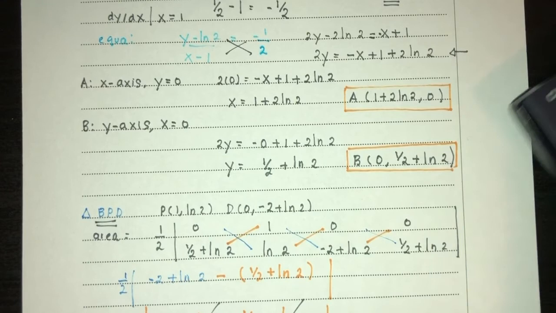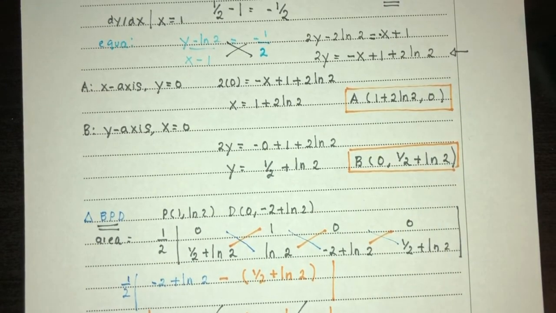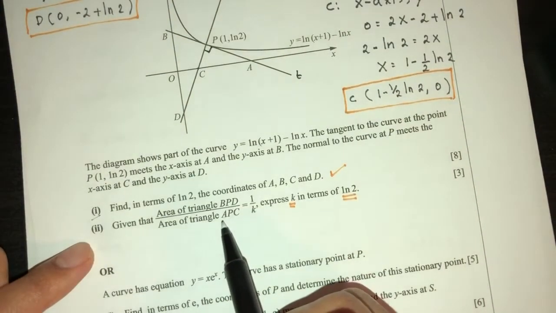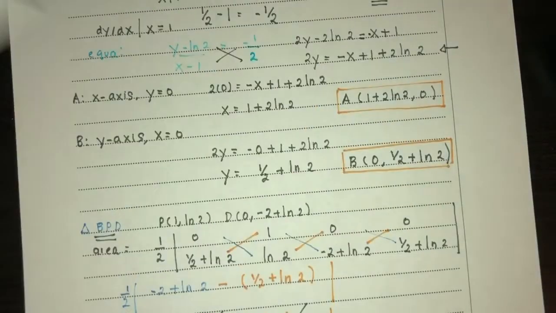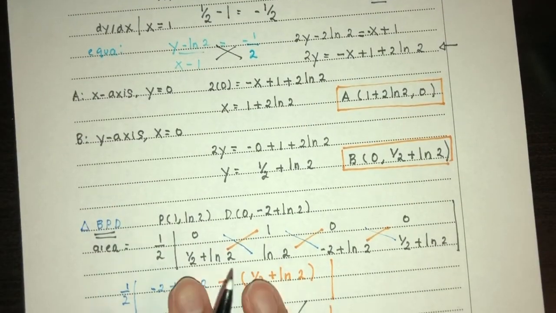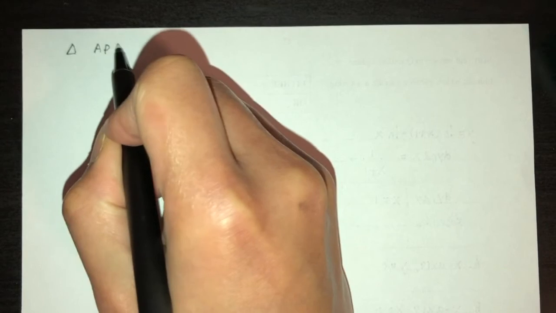That's the first part. Now you have to find the area of triangle APC. So let's find that. So we know the points. Let me write down the points first. So we have triangle APC.